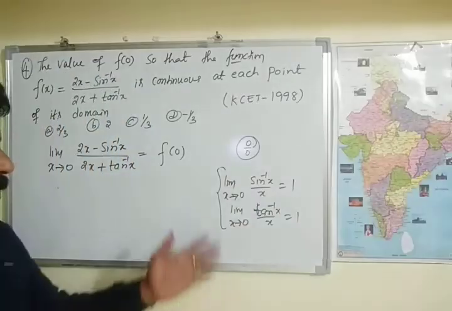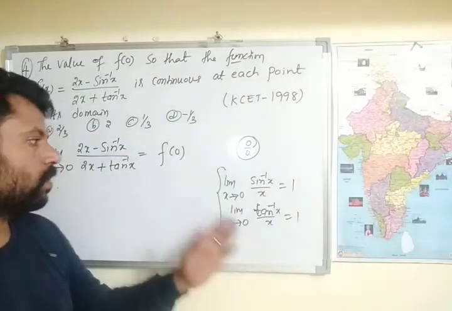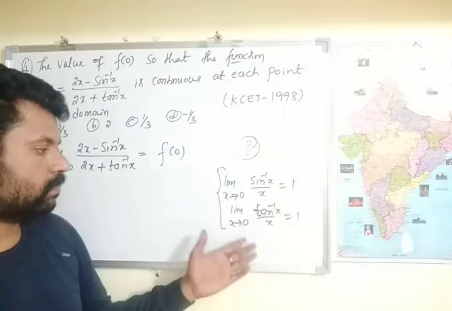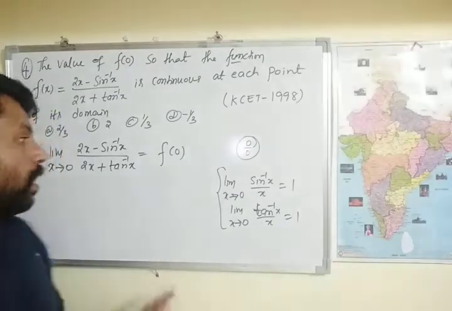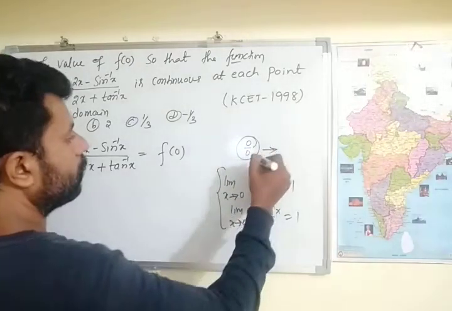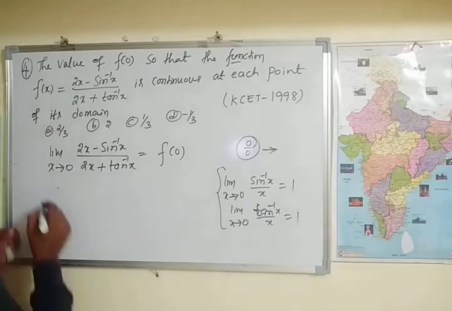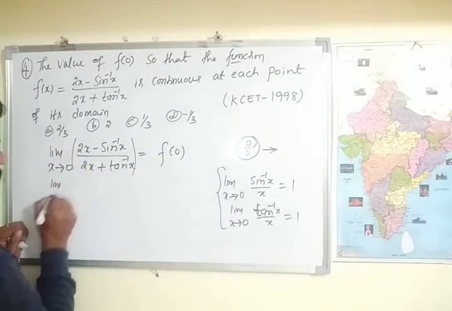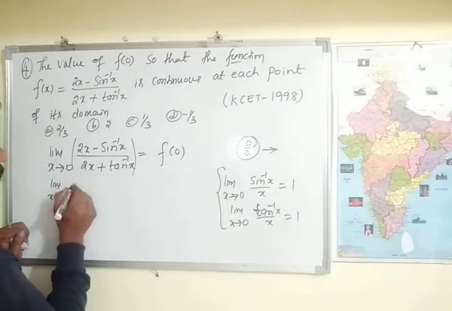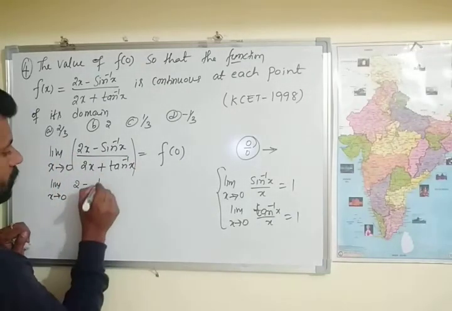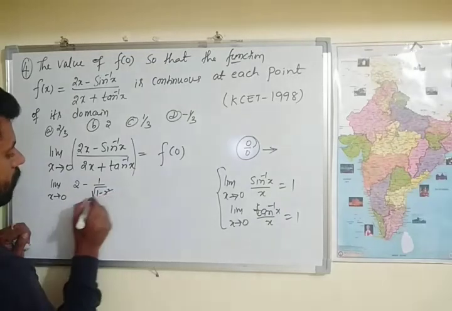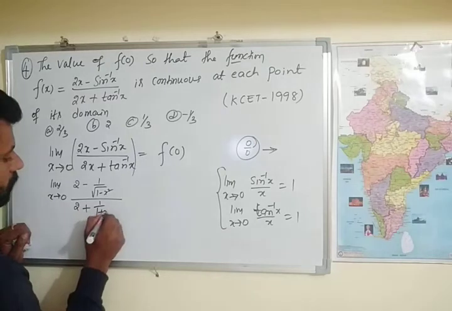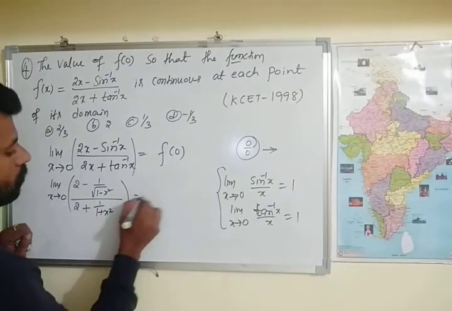Or we follow the indeterminate form and apply L'Hospital rule to the left hand side. We get limit x tends to 0 of 2 minus 1 by root of 1 minus x square, divided by 2 plus 1 by 1 plus x square, is equal to f of 0.